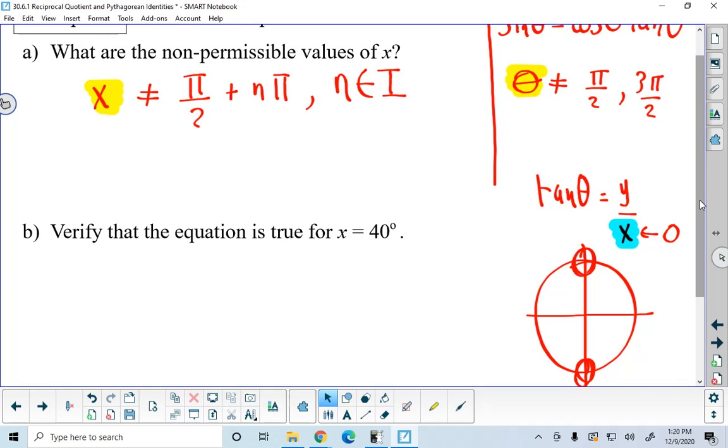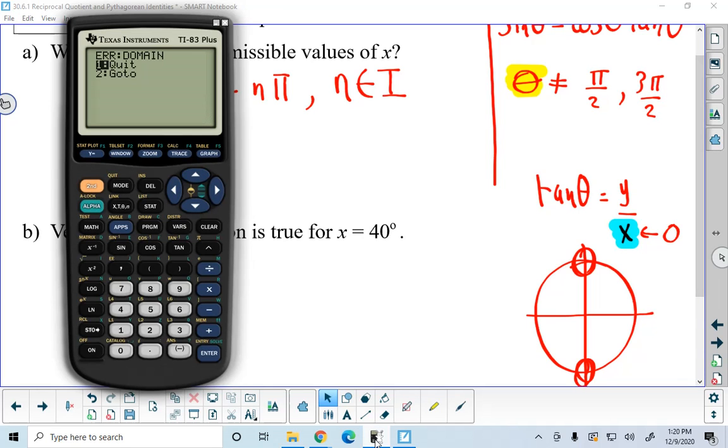Verify that the equation is true for 40 degrees. Sorry, I have a little bit of a tickle in my throat, so if I turn my mic off, it's because I got to clear my throat and cough. We're not going to do anything in terms of showing work for question B here.